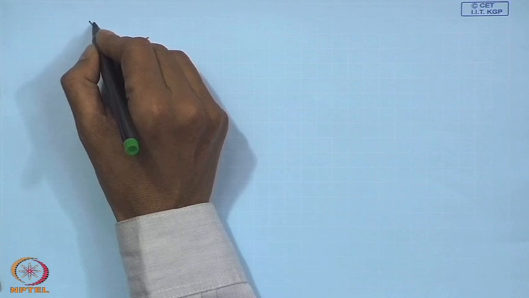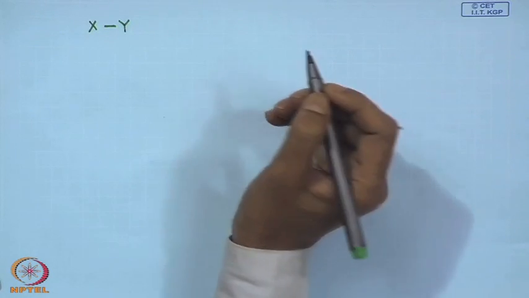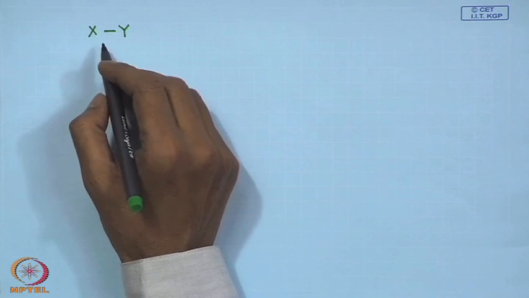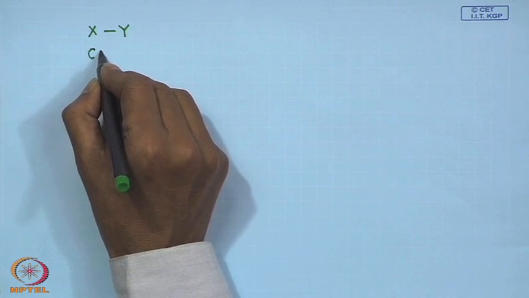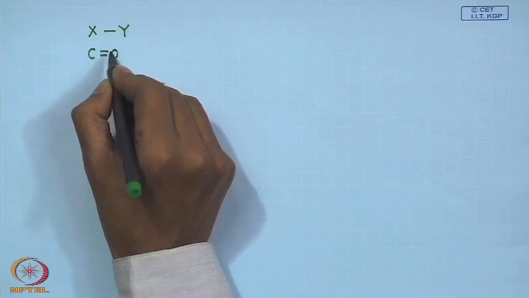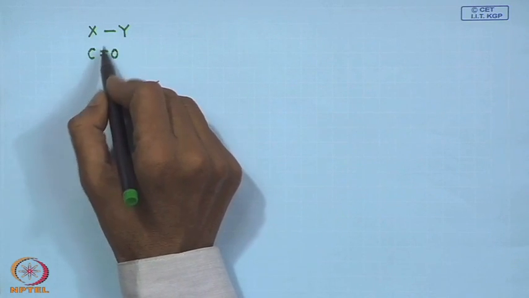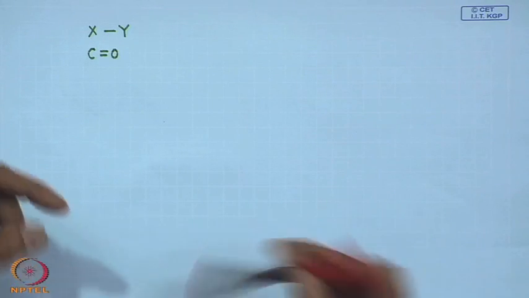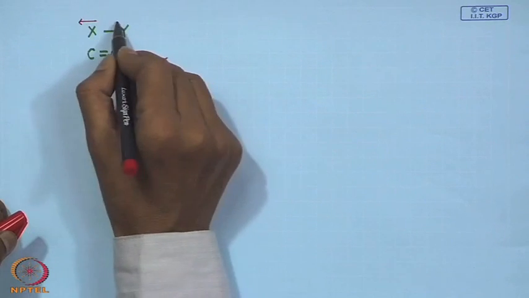So, whenever we have a covalent bond or a coordinate bond, such as X and Y bound together, it can be for a simple molecule like carbon monoxide also. Then we will find that they are held together with this covalent bond and vibrating along the bond axis.